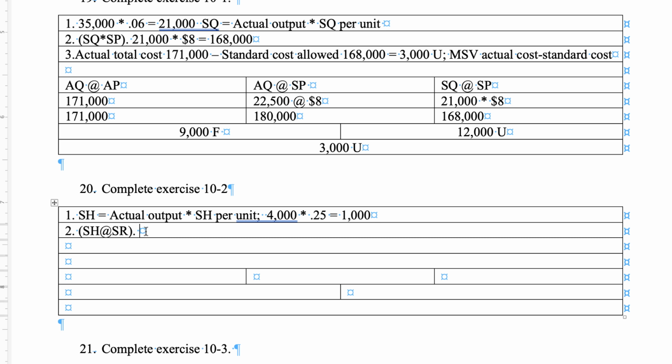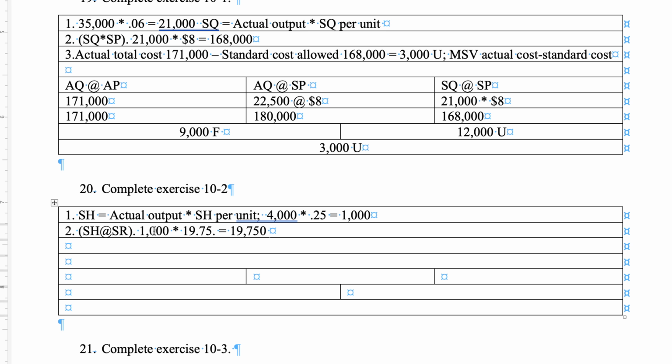We're taking the standard hours, which we just figured out are 1,000, and now we're going to multiply that by the standard direct labor rate, which is $19.75. That ends up equaling, hard math here, $19,750. So we have the actual cost and we have the standard cost.